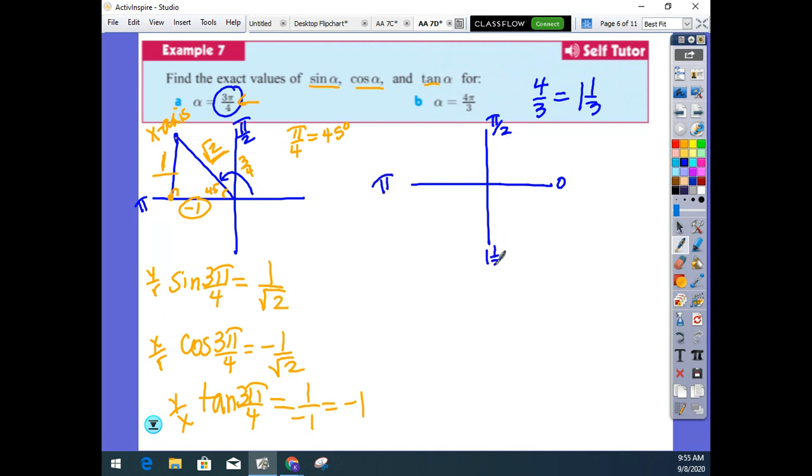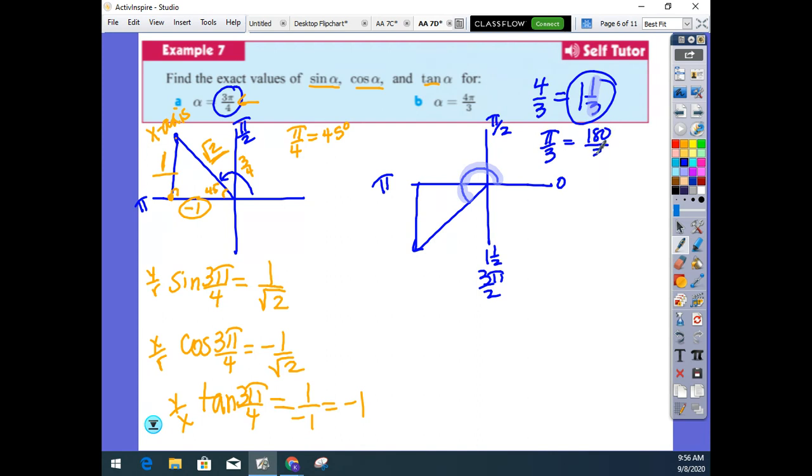This is really like 1 and 1/2, right? 3 pi over 2 is 3 halves. 1 and 1/3 is more than 1, but less than 1 and 1/2. So it's right here. And then we're going to connect to the x. So if this is 1 pi, how much is this? It's the 1/3. So this is pi over 3 is the reference angle.